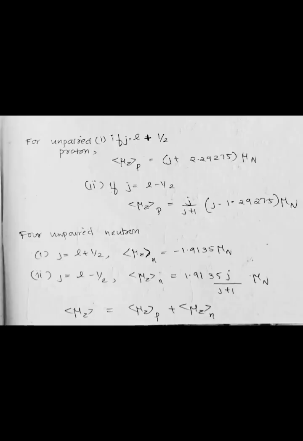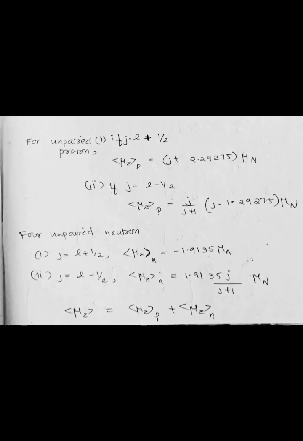So here we need to understand some equations for the calculation of magnetic moment. For the unpaired proton, if J is in the form of L plus half, then mu z of proton is equal to J plus 2.29275 mu n. If J is in the form of L minus half, then mu z is equal to J divided by J plus 1 into J minus 1.29275 mu n.